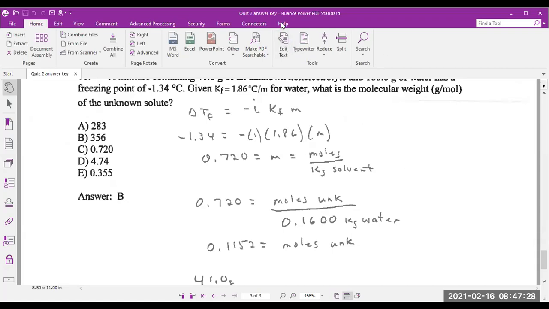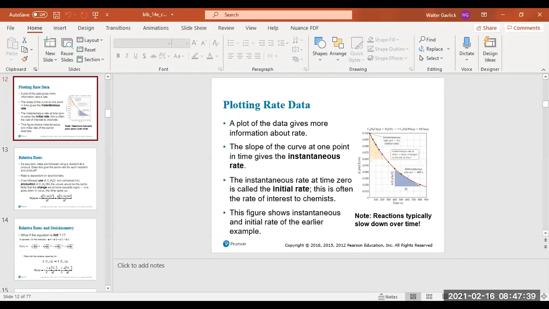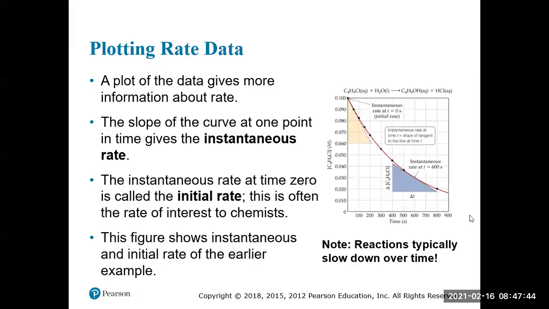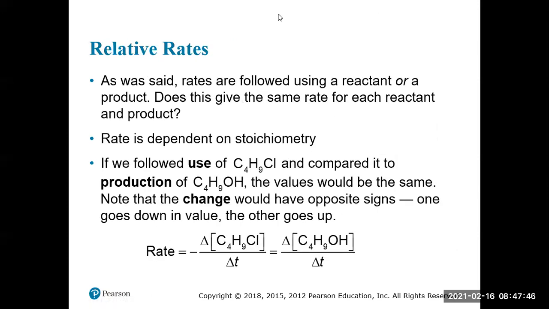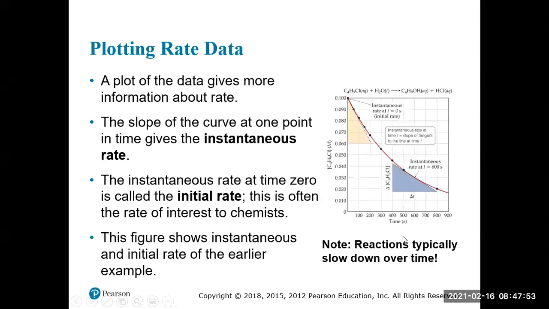Okay, let me go ahead and pull up chapter 14 then, and we'll start on that. Last week, this is where we kind of left off, where we were talking about reaction rates.